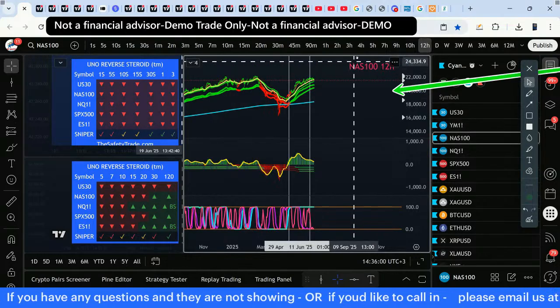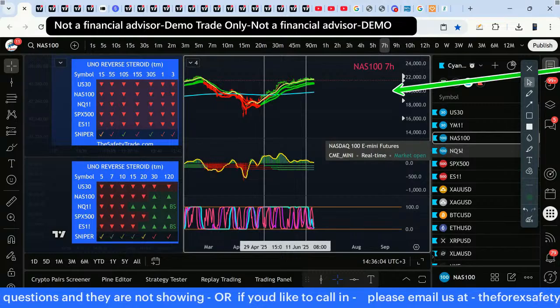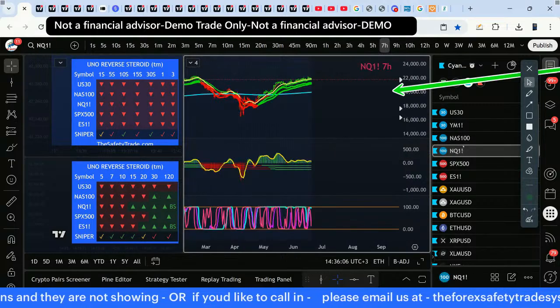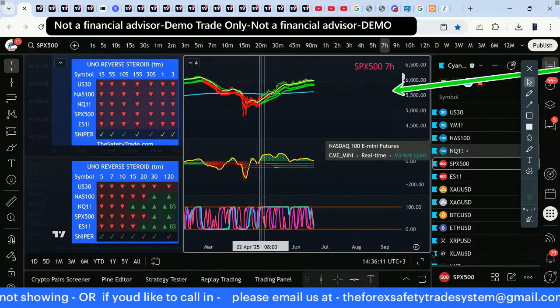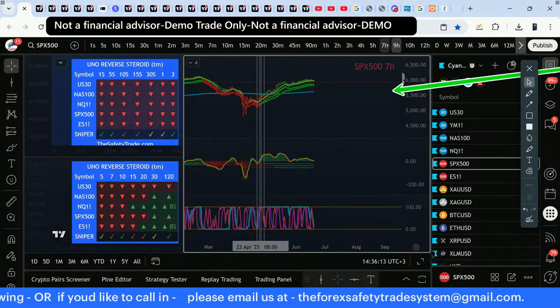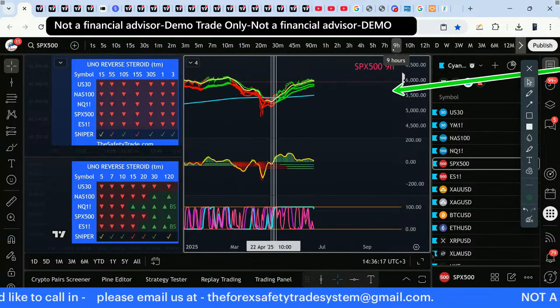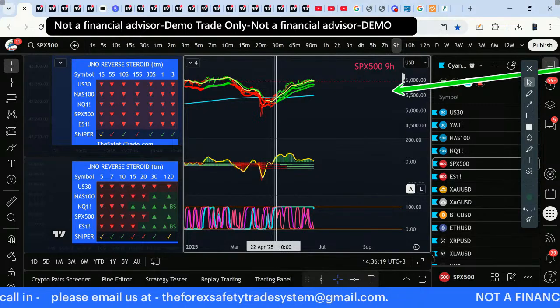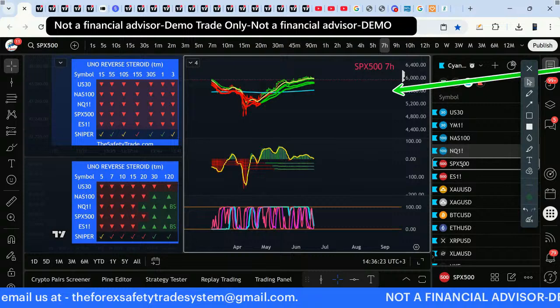7-hour buy stop NAS. It is a 7-hour buy stop NQ1. SPX, looks like a 7 it looks like. Yeah, 7-hour buy stop SPX 500.